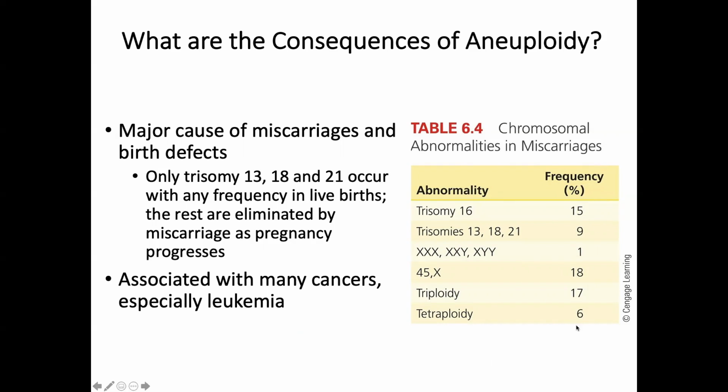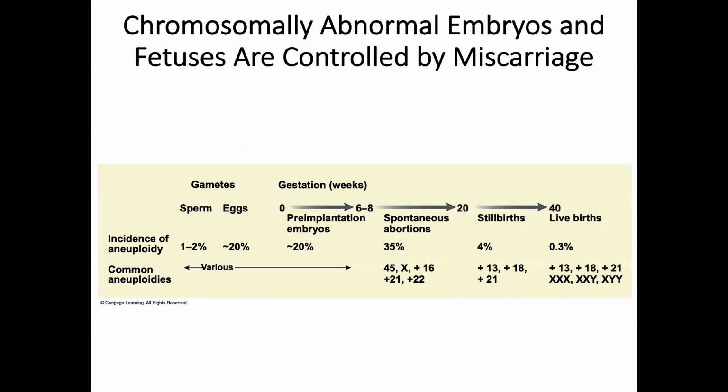And if you add up these numbers together, then 66% of miscarriages are caused by chromosomal abnormalities. Aneuploidy is also associated with many cancers, especially pediatric leukemias. We'll talk more about those in the future.